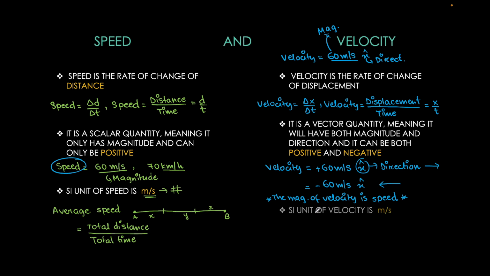Okay, the SI unit of velocity is meter per second, which is the same as that of speed, and this is the unit that needs to be used while solving numericals.